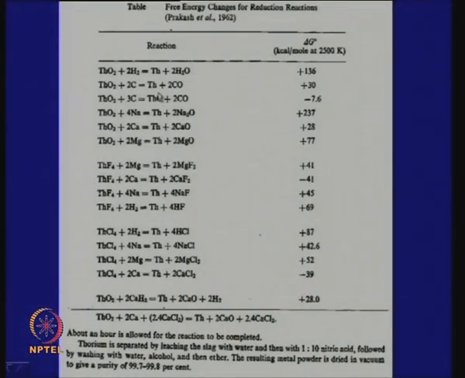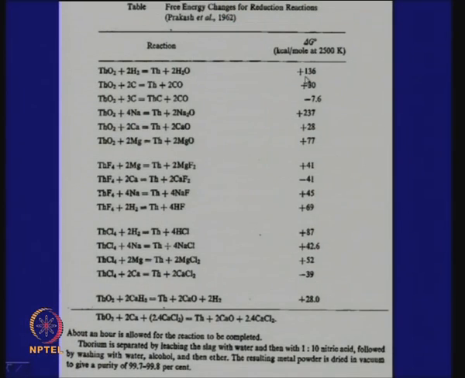Now, we come back to the same question as we had for extraction of uranium from its compound. How do you proceed to convert the oxide or the halide into the metal? An obvious thing would be metallothermic reduction. Here are quite a few reactions and the free energy data for that.